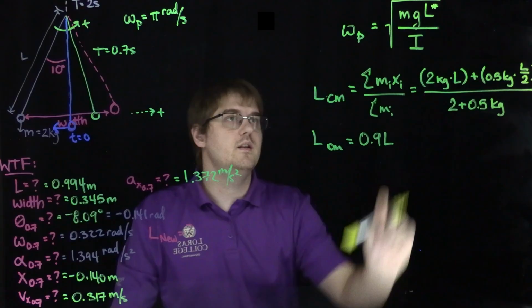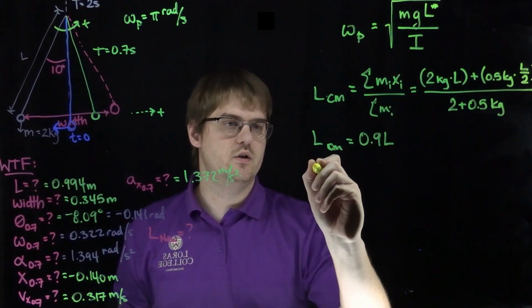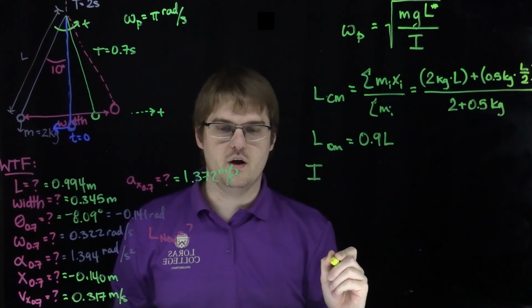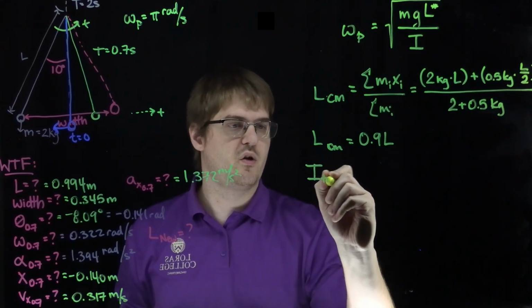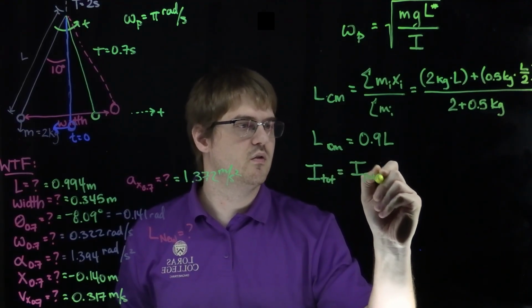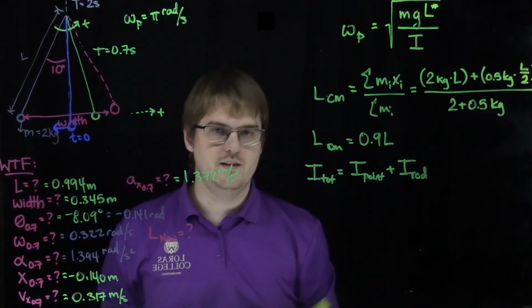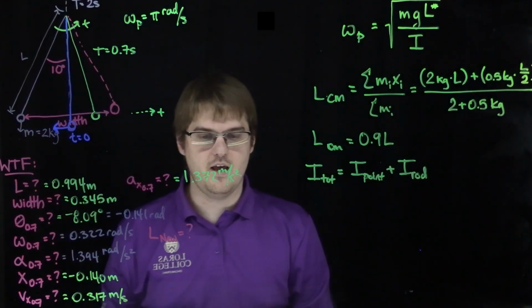The other thing we need is this inertia. So our inertia is going to be our total inertia, which is going to be the inertia of the point plus the inertia of the rod. In this case, the rod is rotating around the end.